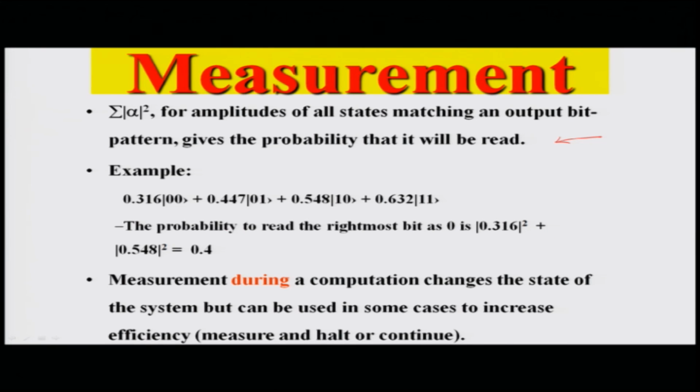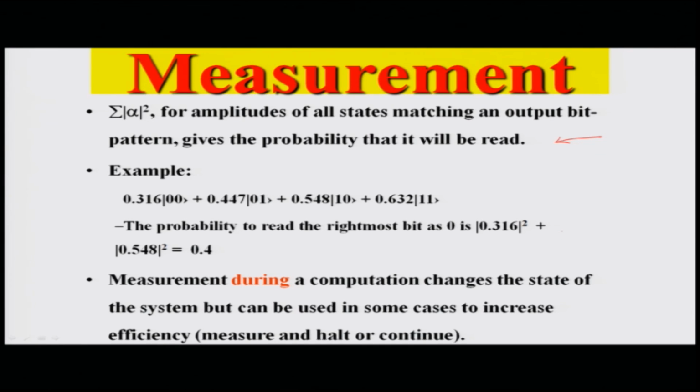For example, if we have two qubits put together as 00, 01, 10 and 11, each having some probability amplitude factors as defined here in terms of alpha and beta, then the probability to read a particular bit would be given in terms of the mod of the amplitudes squared.